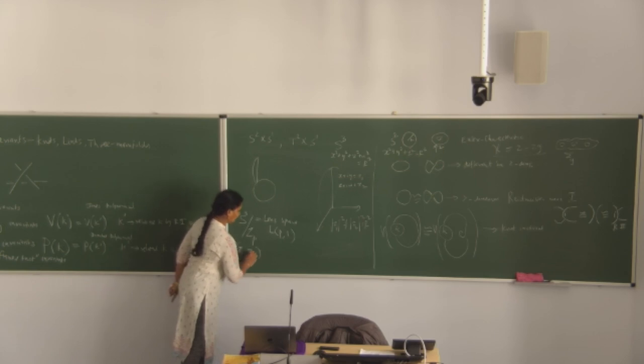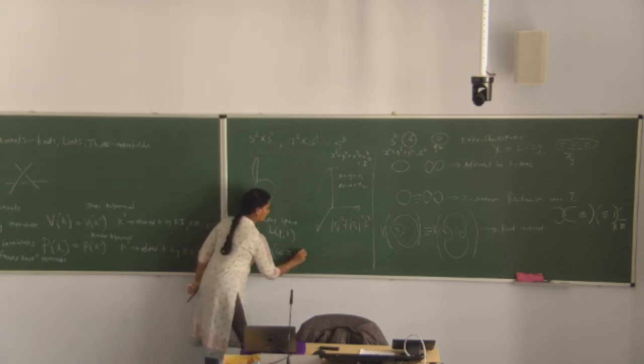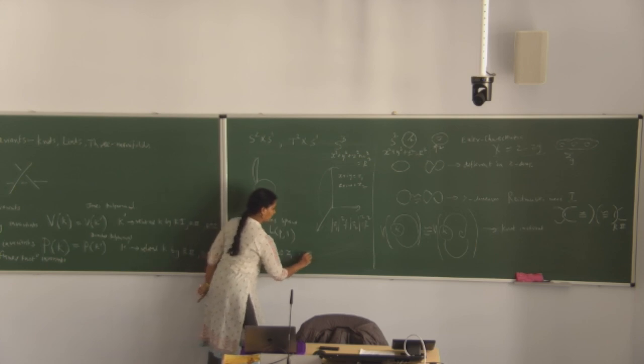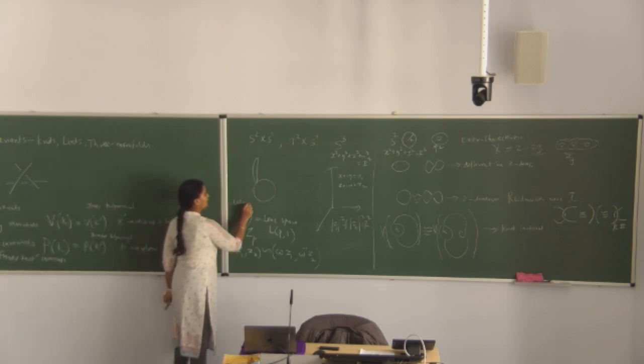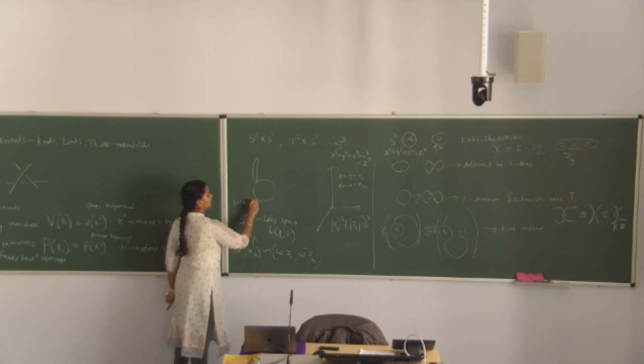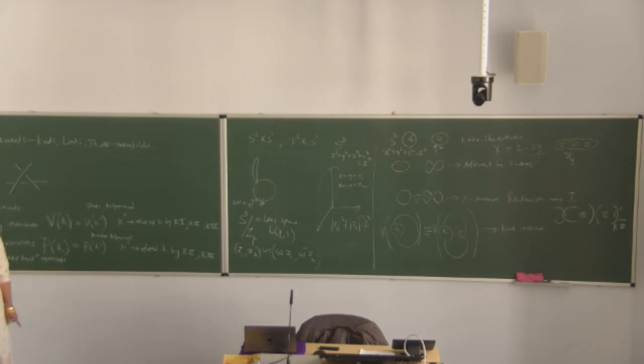S1, S3, so you will have z1, z2 to be related by a root of unity. Okay, where omega is the root of unity, pth root of unity. Okay. So these are called lens spaces.